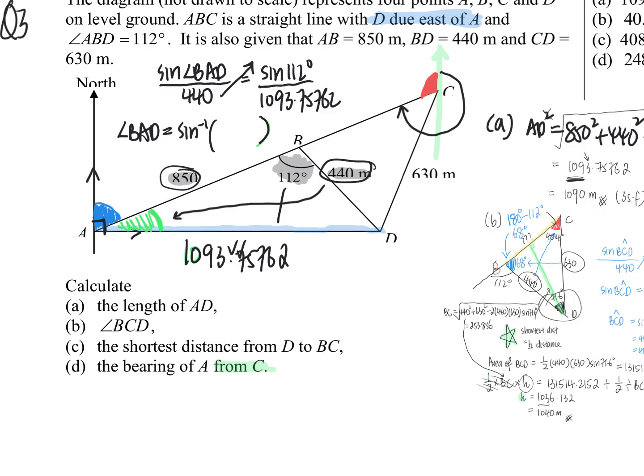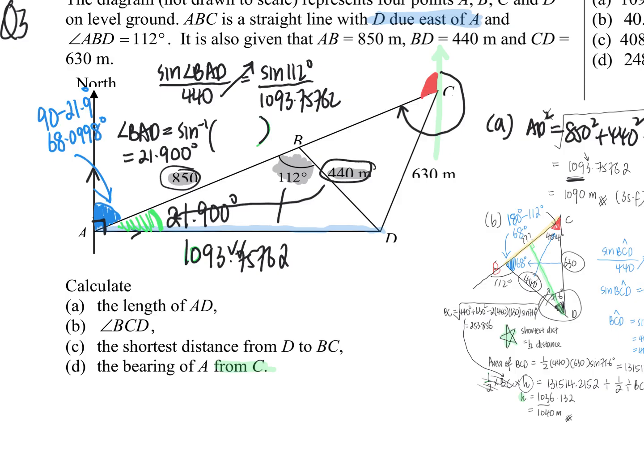So you will get the answer as 21.900. So this is 21.900. To find the blue angle, you use 90, take away the 21.9. You will get 68.0998.